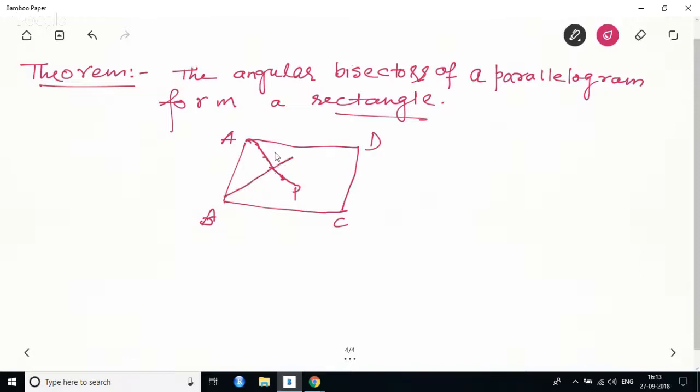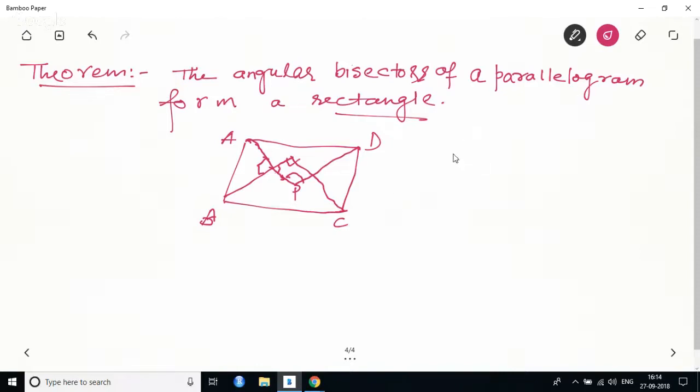Then suppose this is angular bisector here. Now suppose this is angular bisector here. And now suppose this is angular bisector here. Now guys, try to understand it. This question is very easy. We just proved that this angle P would be 90 degree. And if this angle is 90 degree, this angle would also be 90 degree.